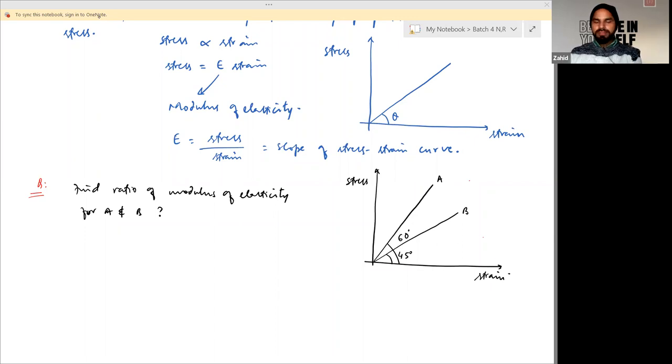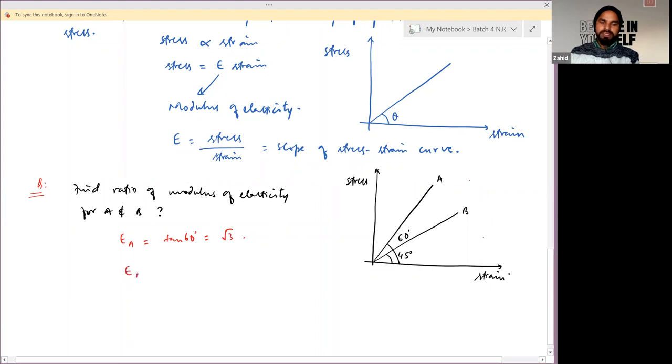Just see how to approach this problem. Since the modulus of elasticity E equals the slope of the stress strain curve, and for slope we use tan theta, the slope of A equals tan 60 degrees, so it will be √3.